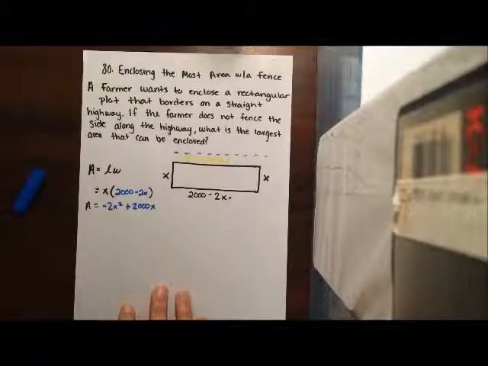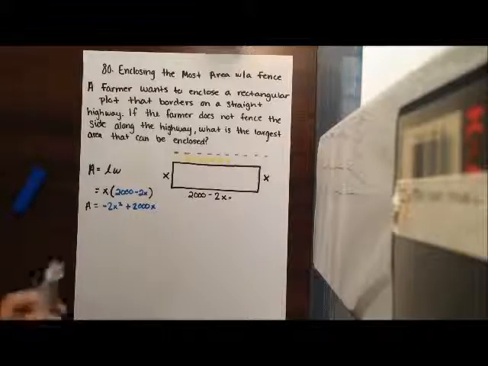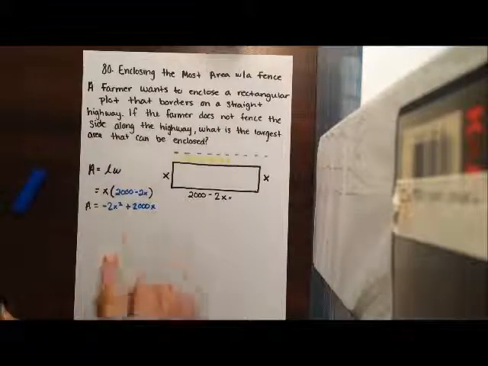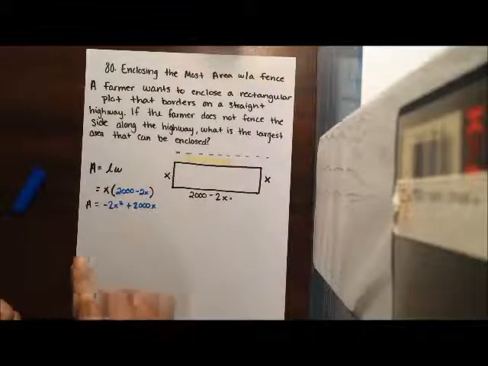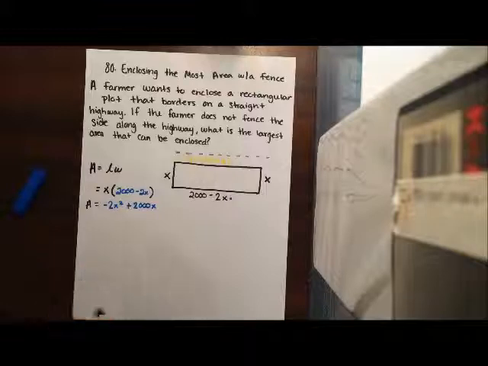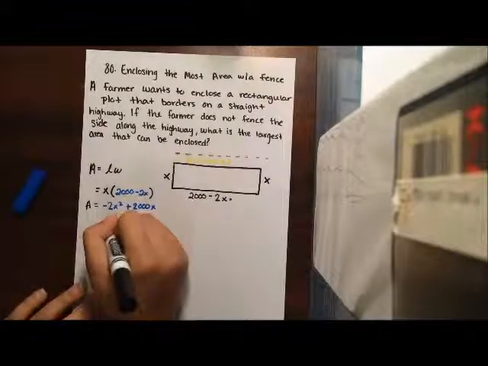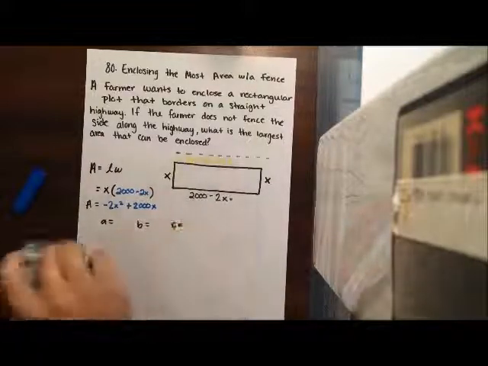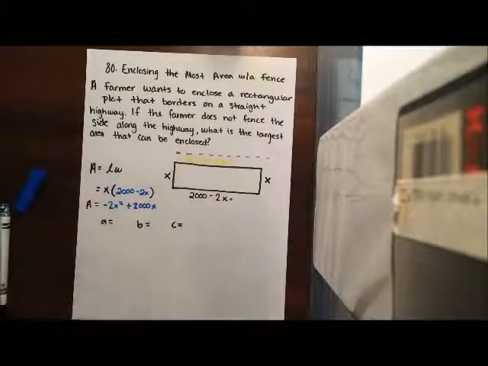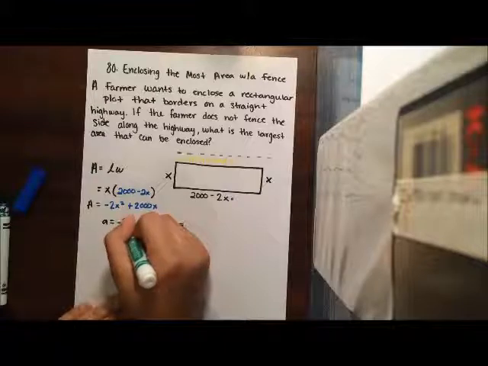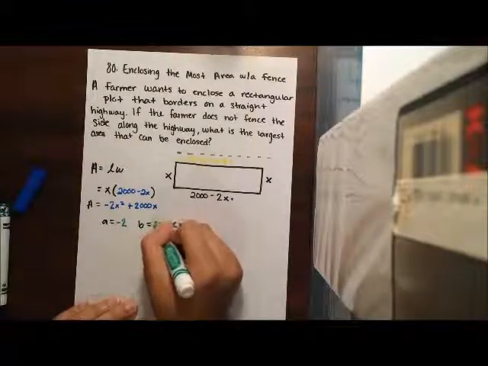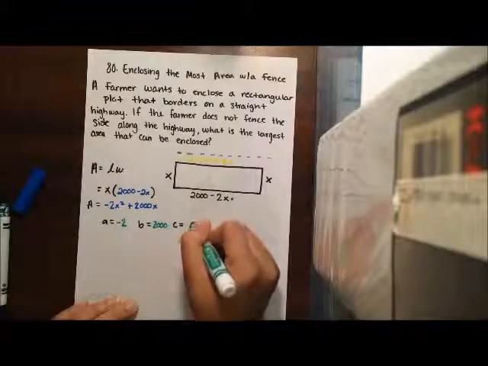Now what you need to find next is x. So in order to find x, you first need to label your function. To label your function, you need to know a, you need to know b, and also c. So your a is negative 2, your b is 2,000, and c, there is none.